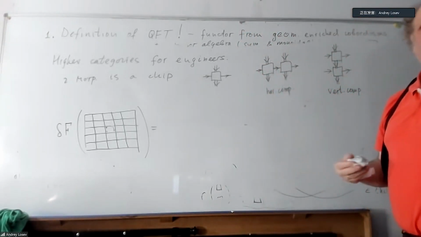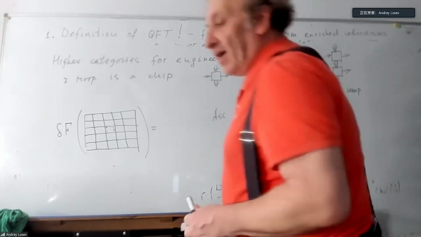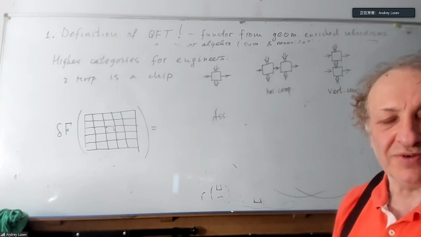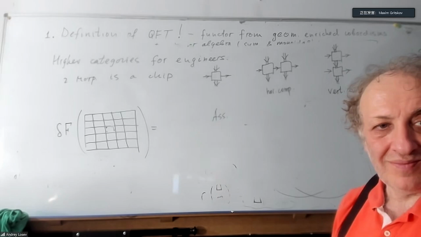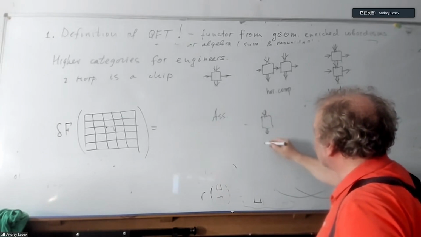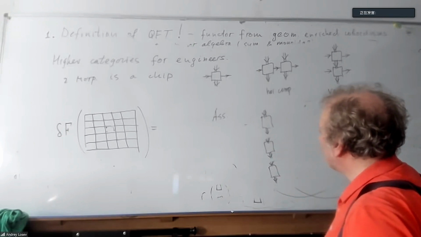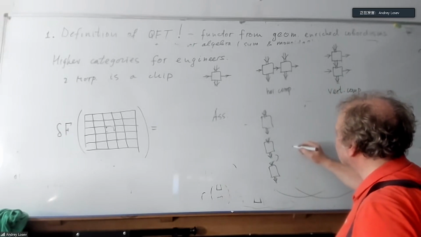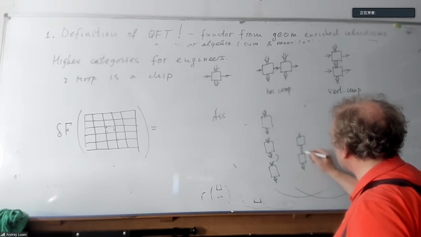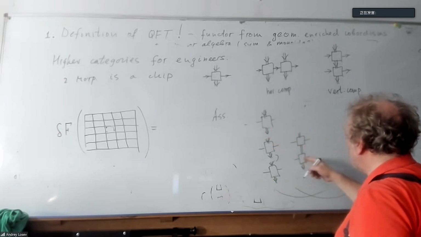And now, what is the associativity? Associativity means that the result is independent of the order in which you are connecting chips. So suppose you have 3 chips. You can either first do this, to get, I'll draw all lines, you are connecting this first.